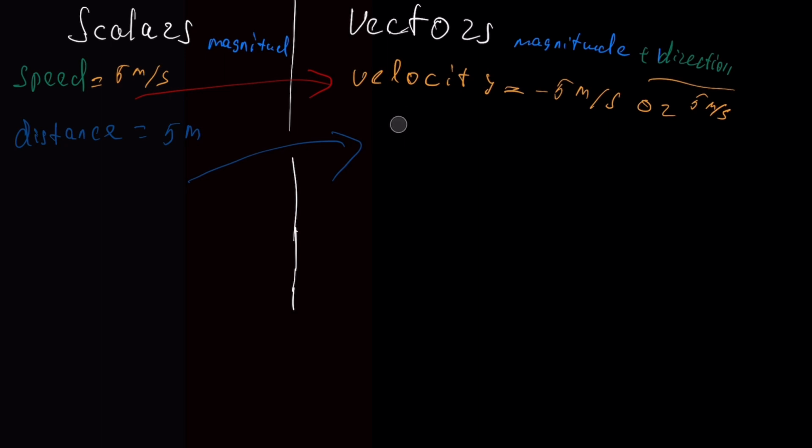Let's say that would be displacement, of course, which would be 5 meters or negative 5 meters. So yeah, in another video we're going to talk about the examples, I guess, and try doing some problems on that.